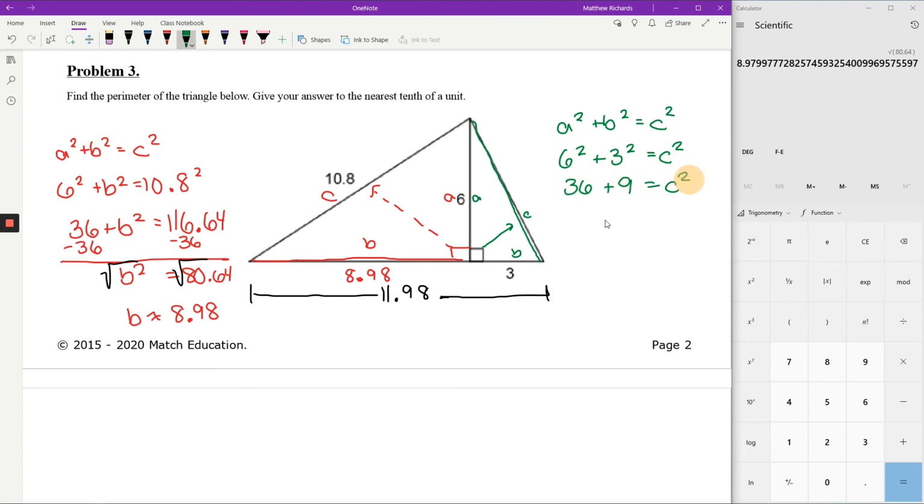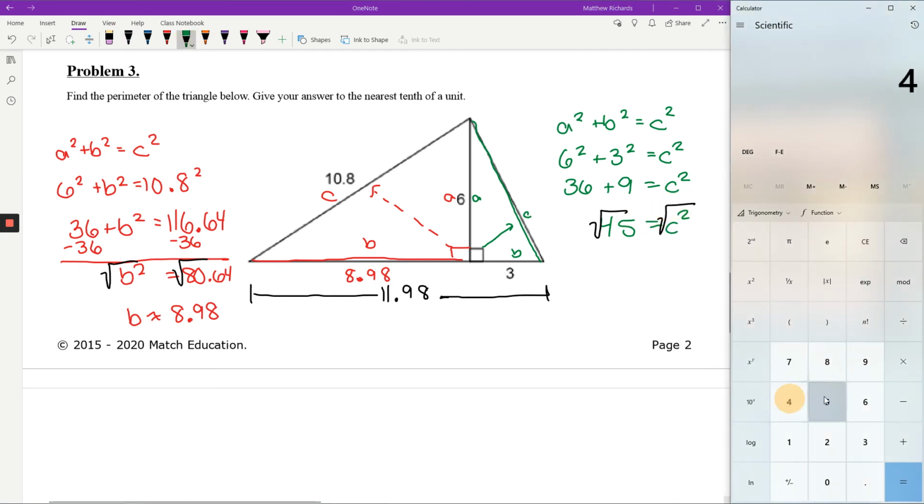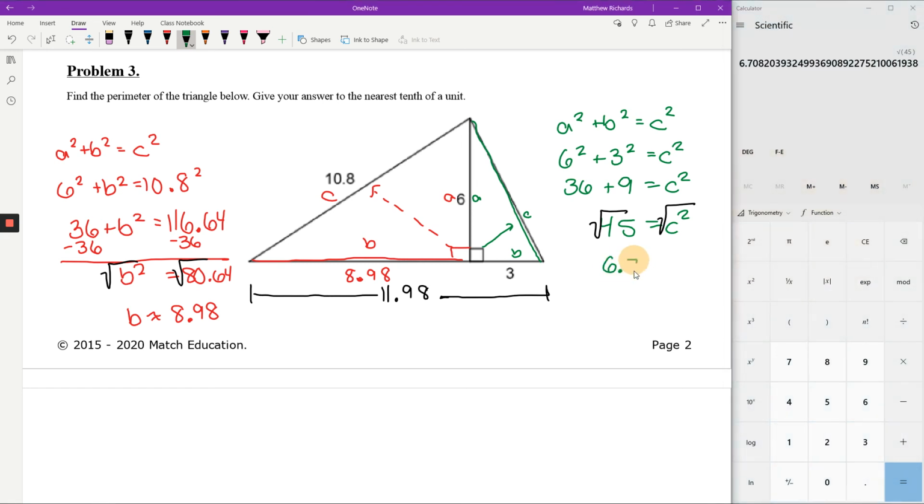You add 36 to 9, you get 45 equals C squared. Take the square root of both sides to find what C is equal to, and get the help of my trusted calculator for this. 45 square root, you get 6.708, so 6.71 is about equal to C. So this is going to be 6.71.